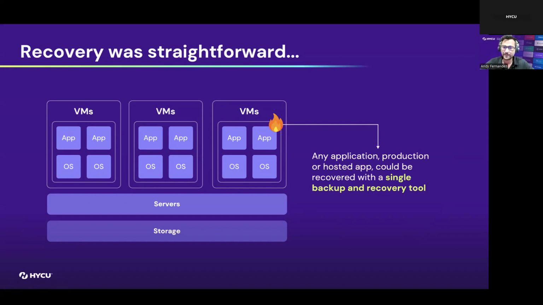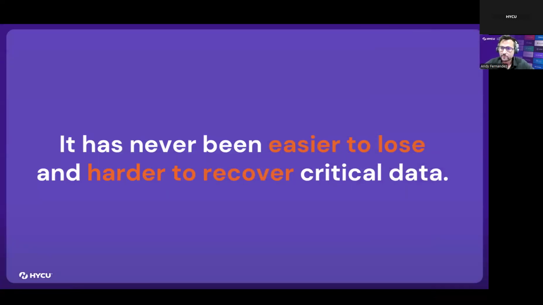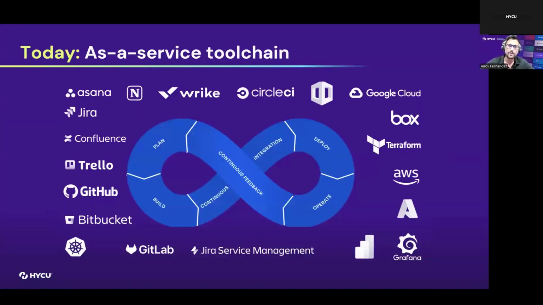Now, if we fast forward to today, it's a little bit different. The claim that we're making here is that it has never been easier to lose and harder to recover critical data. What do we actually mean by that? Think about today's as-a-service tool chain. I'm conflating DevOps and ITSM here, but you get the picture.